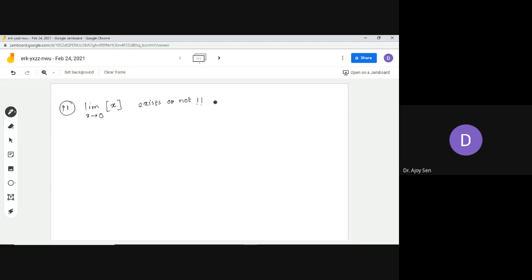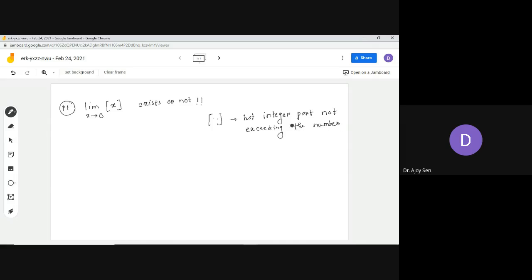If you forgot, box x is the box function: it gives the highest integer part not exceeding the number.